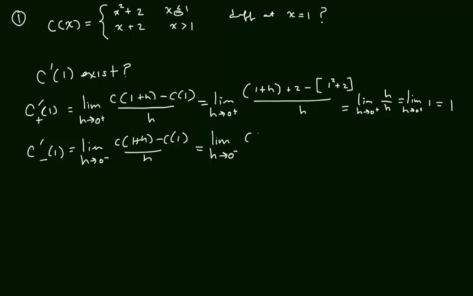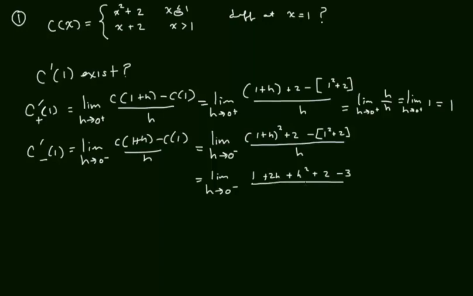So now we have 1 plus h squared plus 2 minus, and then 1 squared plus 2, that's c of 1. And this is over h. So we have the limit as h goes to 0 from the left, 1 plus 2h plus h squared plus 2 minus 3 all over h.